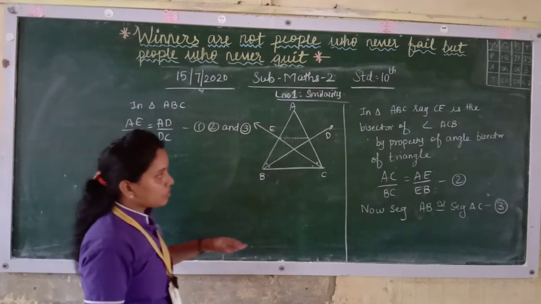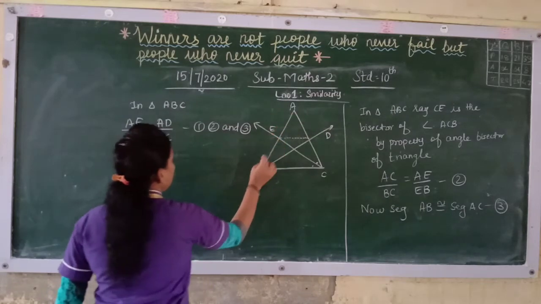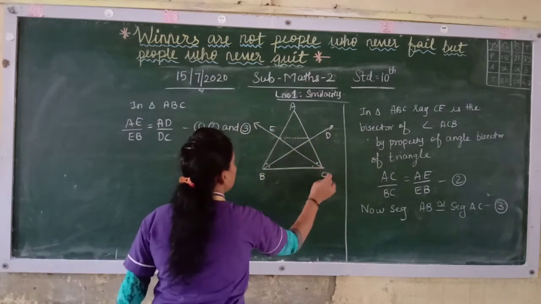See, when I have erased here, it is 2 and 3. Now see, AE upon EB is equal to AD upon BC.